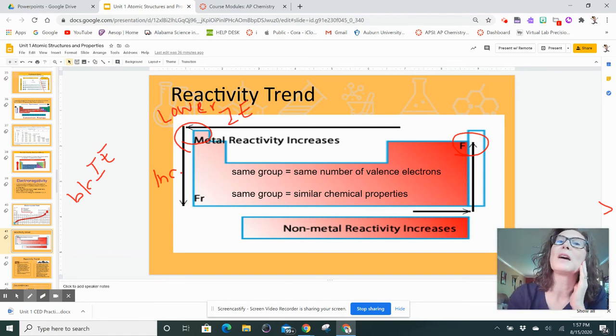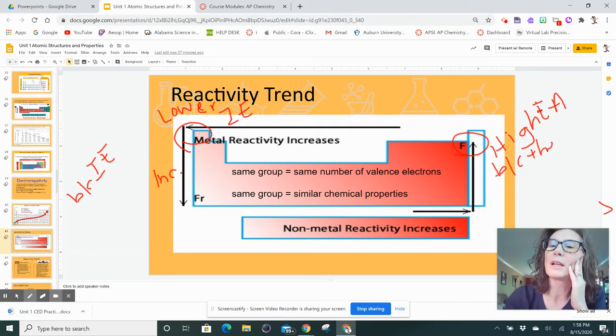Over here on this side, and we'll talk about electron affinity in just a minute, these increase because these have your highest electron affinity. As you go up to the top, those have the highest electron affinity. These are things that want to gain electrons.